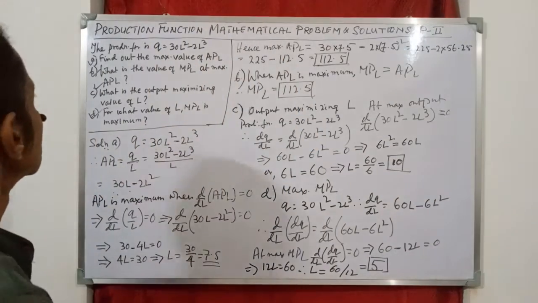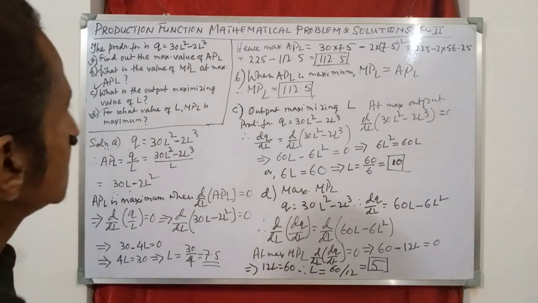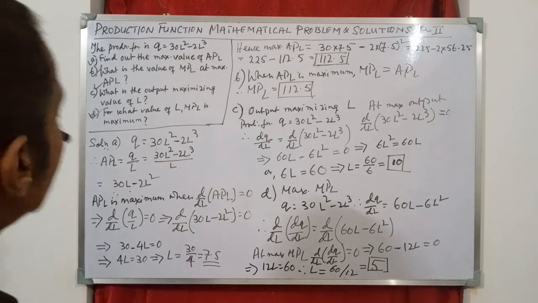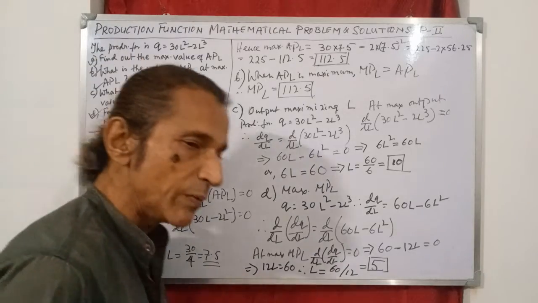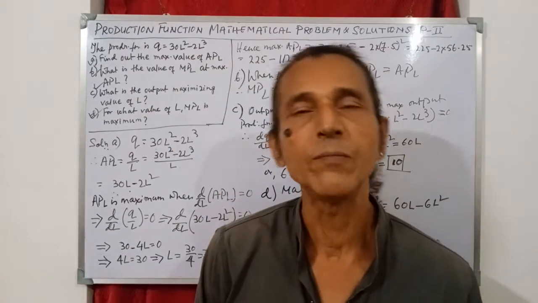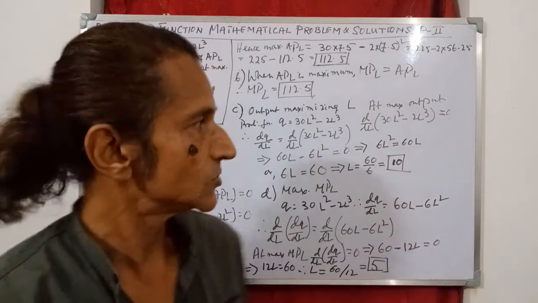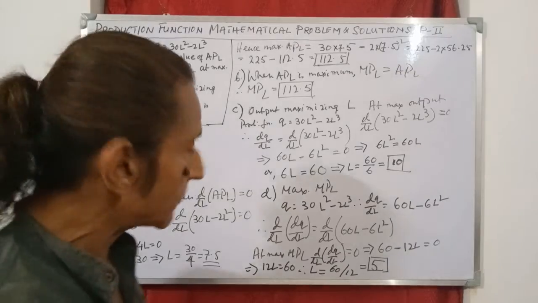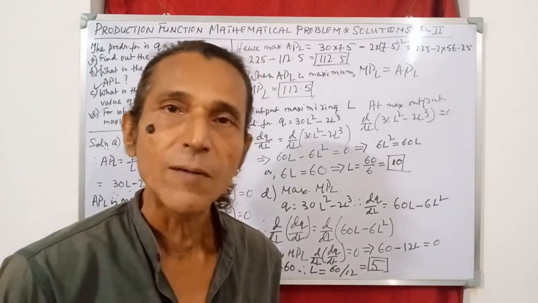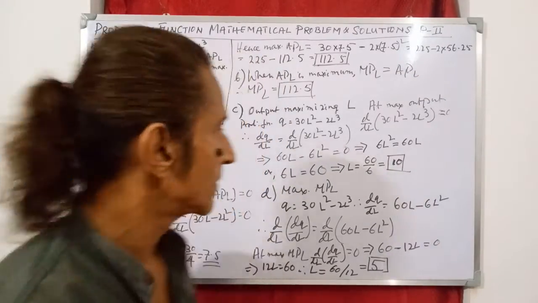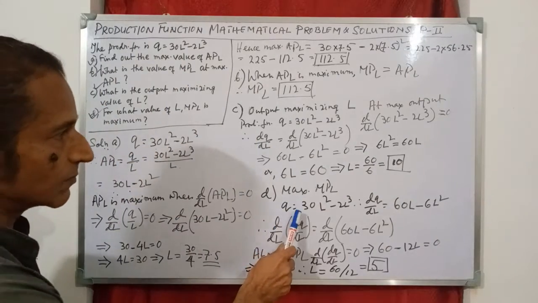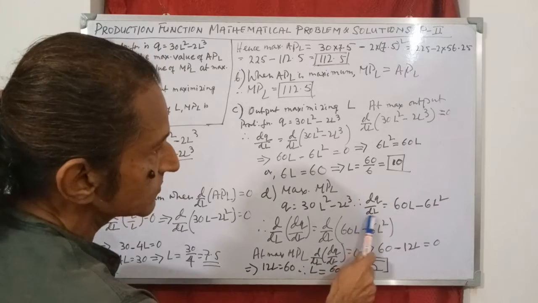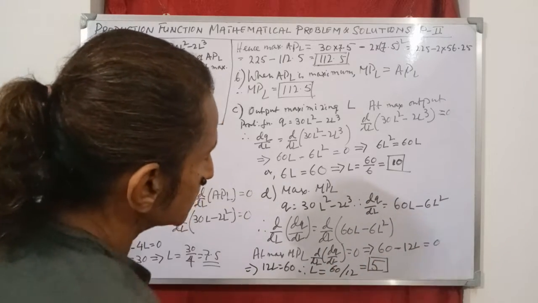Then come to part D. What is part D? For what value of L is MPL maximum? Now MPL is maximized when d/dL of MPL becomes 0. So we have to differentiate dQ/dL, and we have to set that at 0. So the function is Q equals 30L square minus 2L cube. Therefore dQ/dL equals 60L minus 6L square.